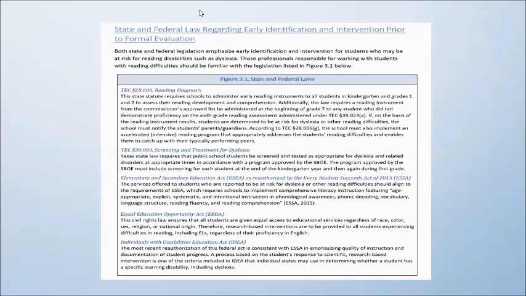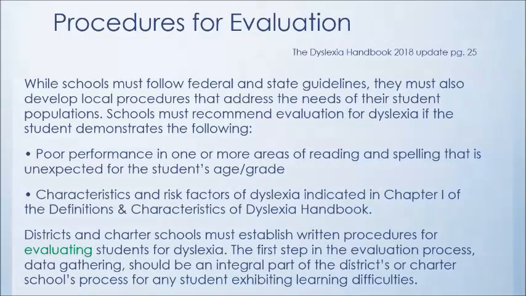These laws ensure that all students are given equal access to educational service regardless of race, color, sex, religion, or national origin. The Individuals with Disabilities Education Act, known as IDEA, indicates a student's response to scientific, research-based intervention to be one of the criteria included in IDEA to determine whether a student has a specific learning disability, which includes dyslexia.